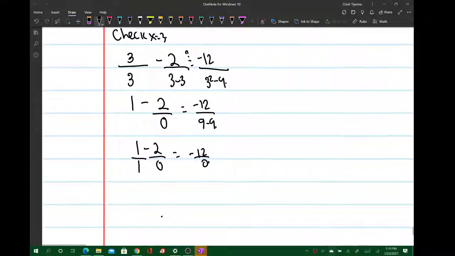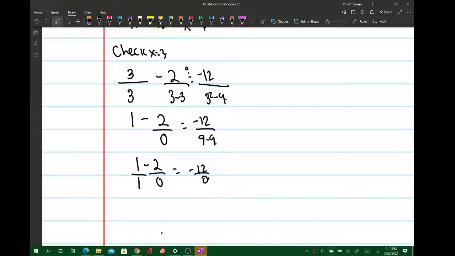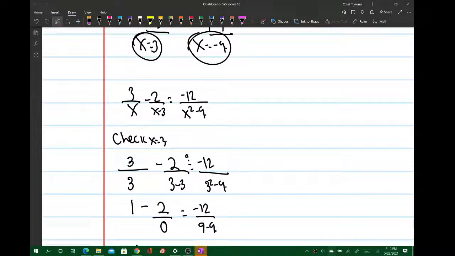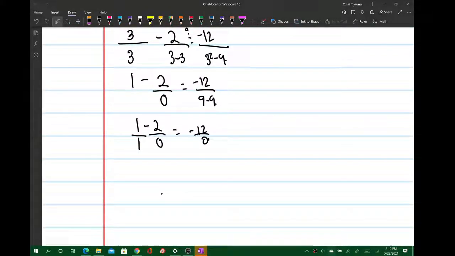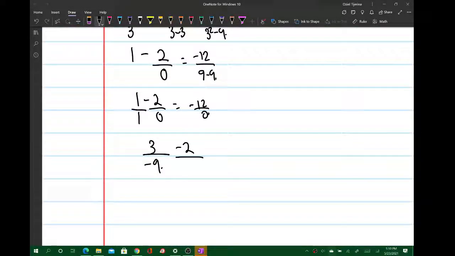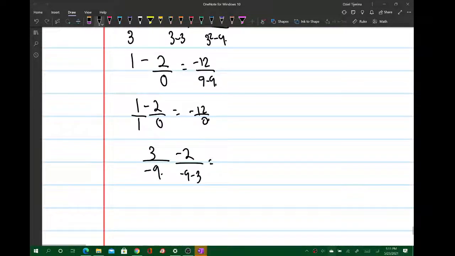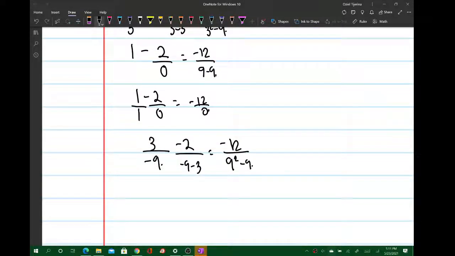Regardless, what I'm trying to say is, anytime you get undefined anywhere, it's not a solution, period. It's not going to satisfy the equation. So x equals 3 is an extraneous solution. Now if we do negative 9: 3 over negative 9 minus 2 over negative 9 minus 3 equals negative 12 over 9 squared minus 9.